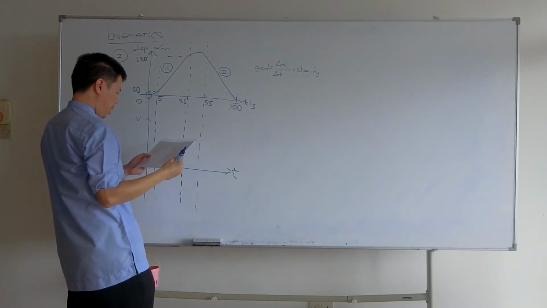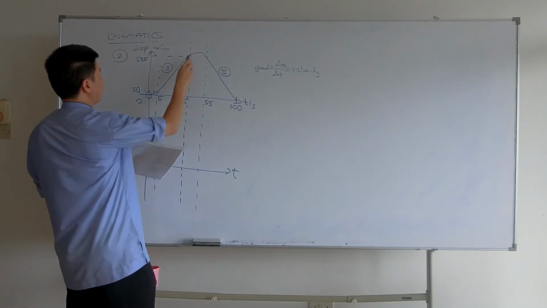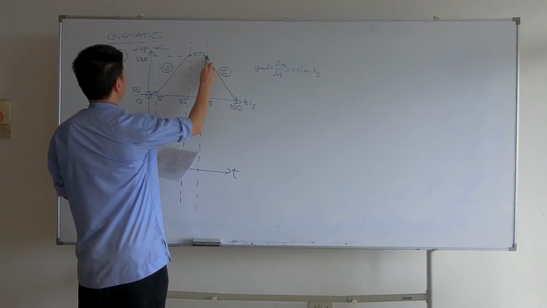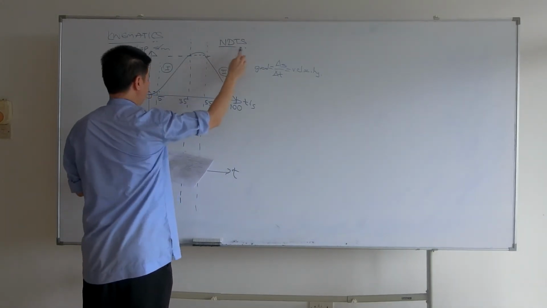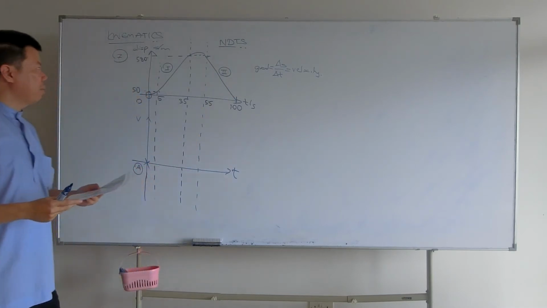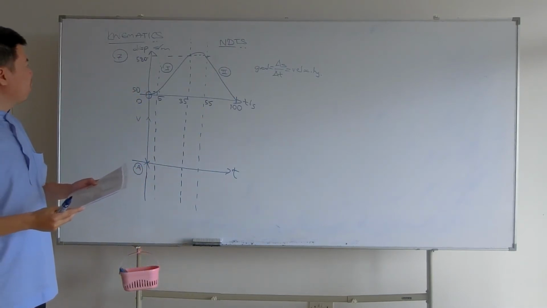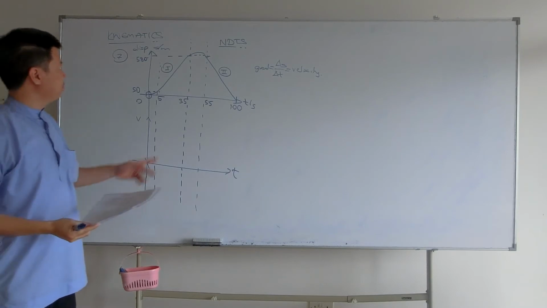Around 55, I say it's around 580 as well. So this is not drawn to scale. Please refer to the graph in the paper itself. I'm just reading off the coordinates so it's easy for you.